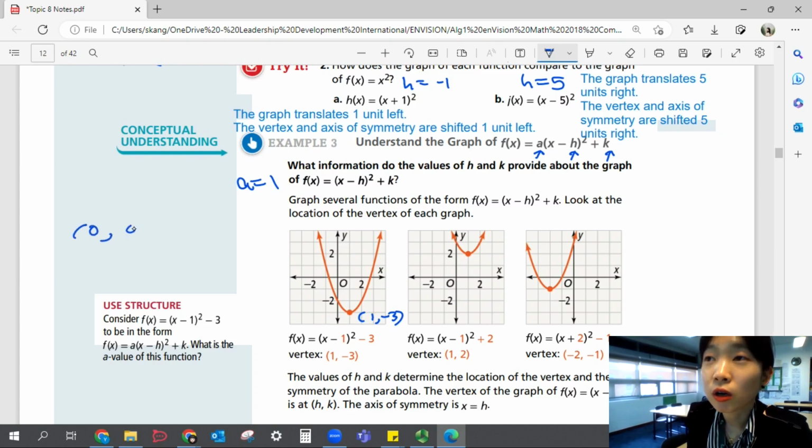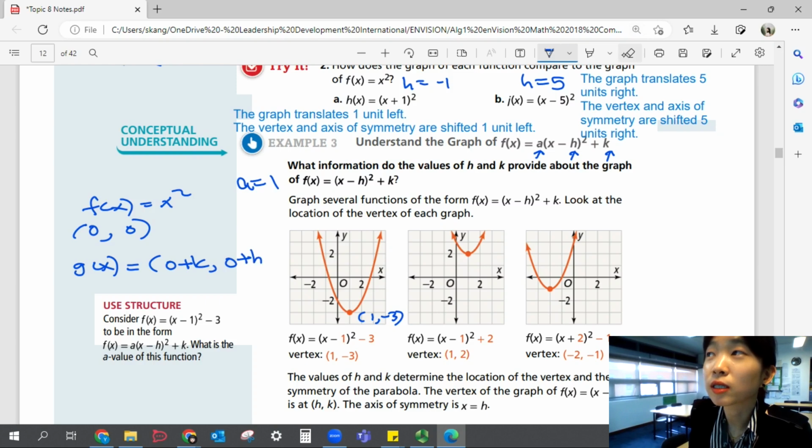From the original parent function f of x equals x squared with vertex 0, 0, your transformation g of x has the vertex 0 plus h and 0 plus k, which is just h comma k.